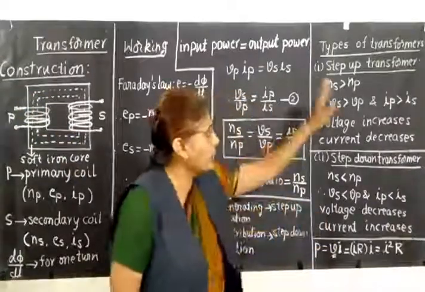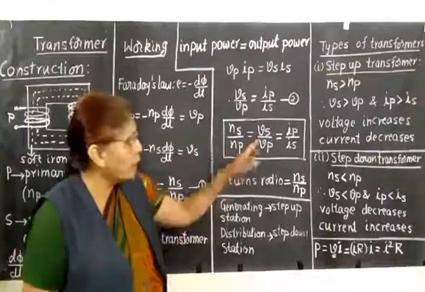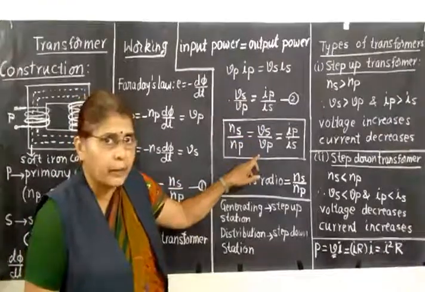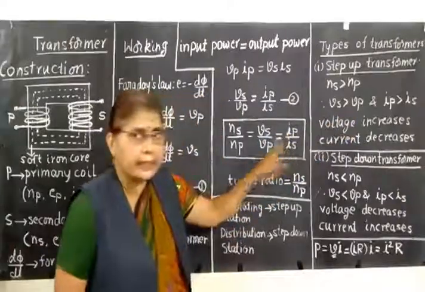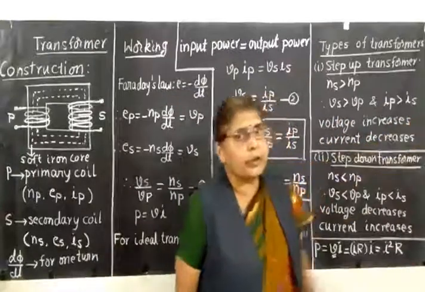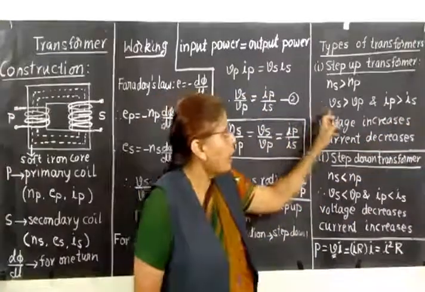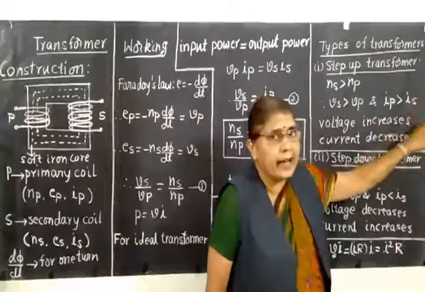So if you have Ns greater than Np, numerator greater than the denominator, then here also numerator will be greater than denominator. So Vs will be greater than Vp. Again numerator should be greater than denominator, that is Ip will be greater than Is. What is the meaning? Vs is greater than Vp, but Ip is greater than Is.